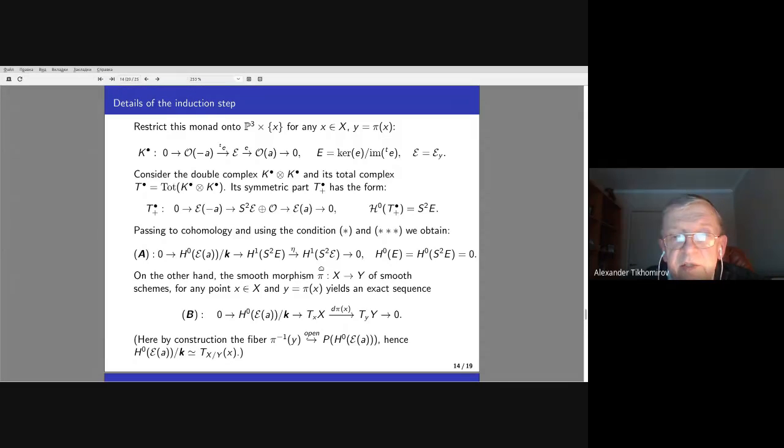On the other hand, if you look at the morphism from X to Y, this is a smooth morphism of smooth schemes.